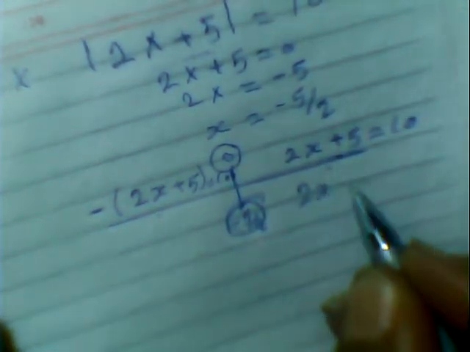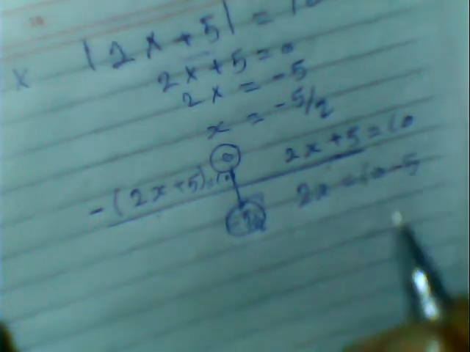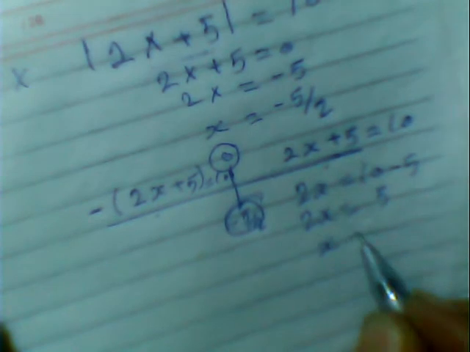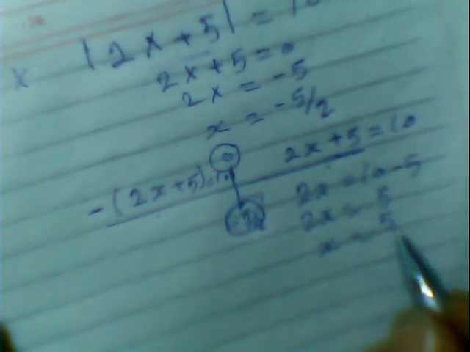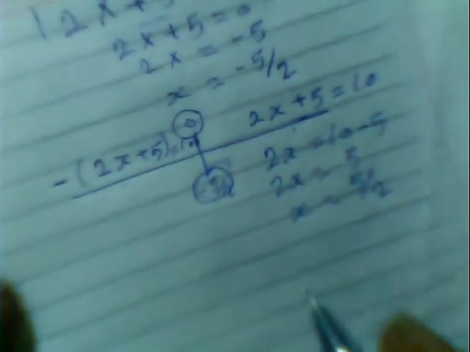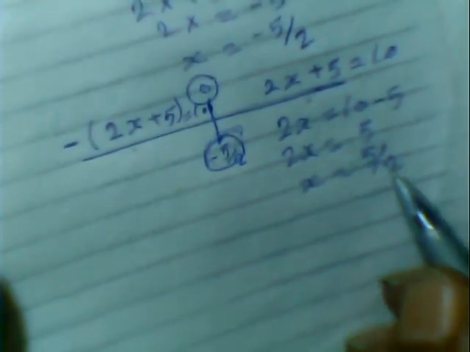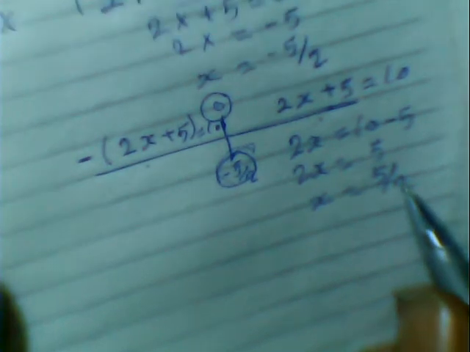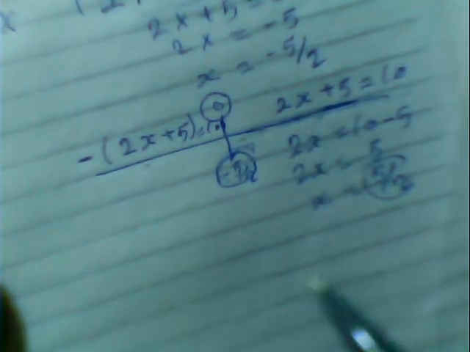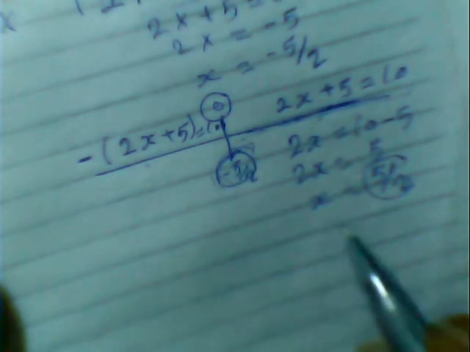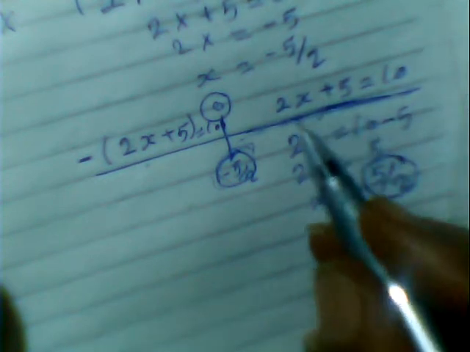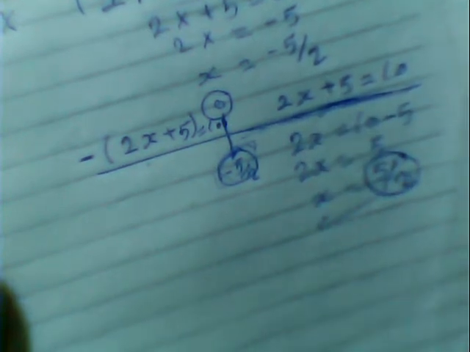Then 2x equals 10 minus 5, then 2x equals 5, then x equals 5 slash 2. Before we leave this, is x equal 5 divided by 2 an element of this interval? Yes, it is an element of the right hand side, so this is a solution.